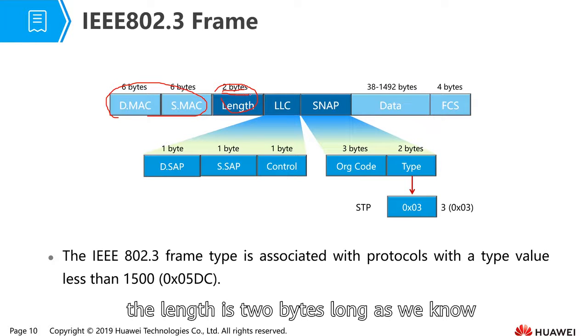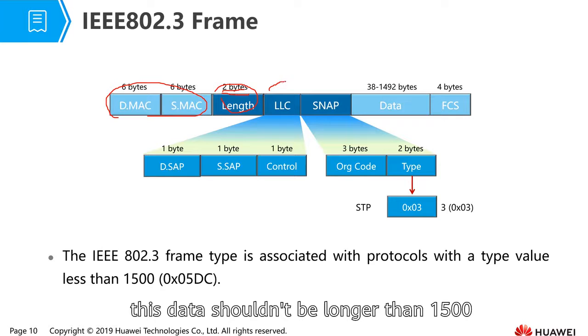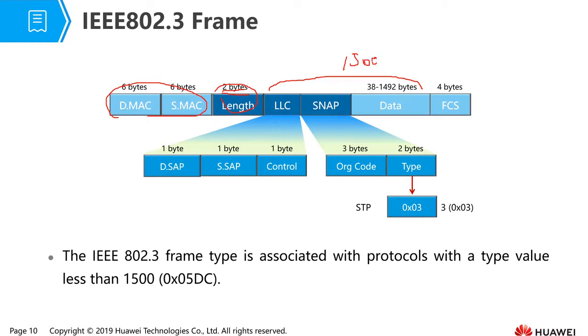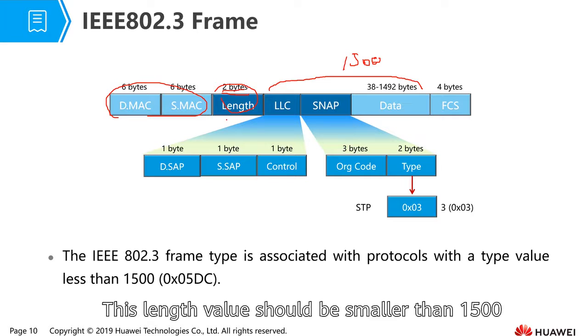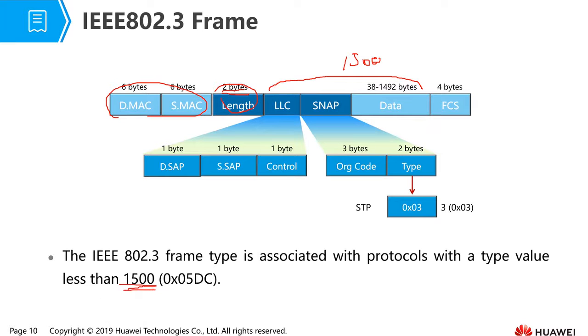And as we know, this data should not be longer than what? 1500, and this length value should be smaller than 1500.